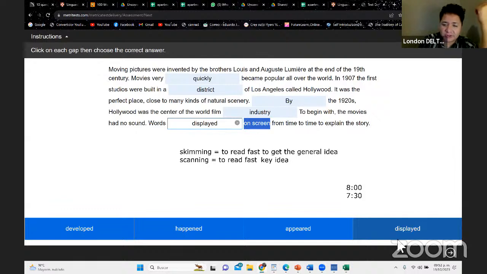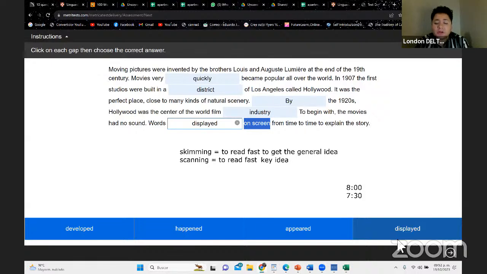But because it's on the screen, we use display. Maybe you know, for example, the screen of your phone, la pantalla del teléfono, is also known as display, right? So the word display is used more with screens: computers, TV, cell phone, all right?